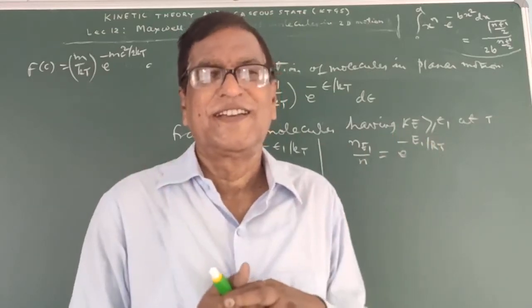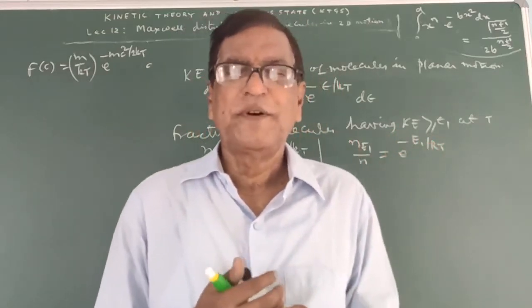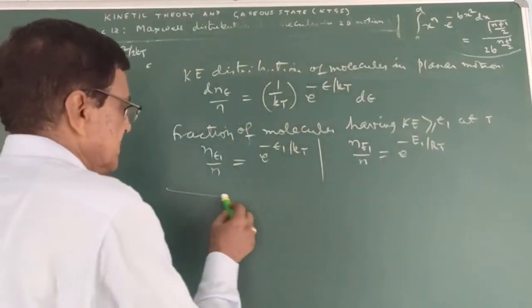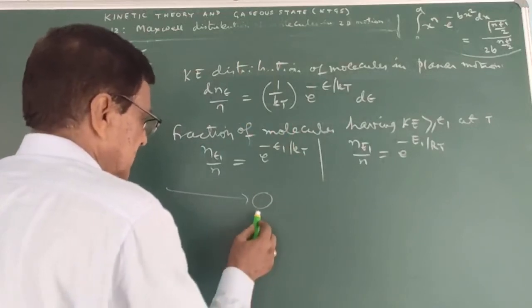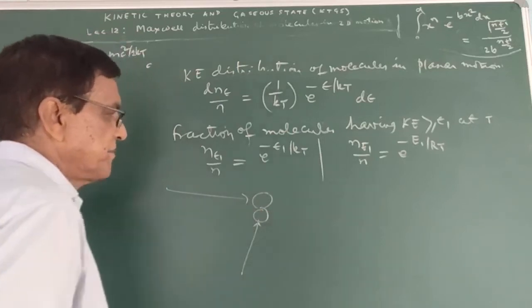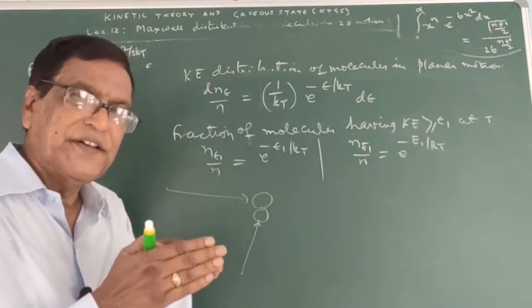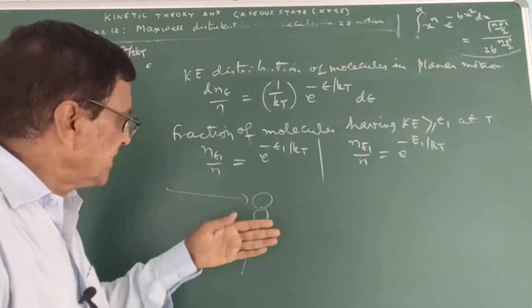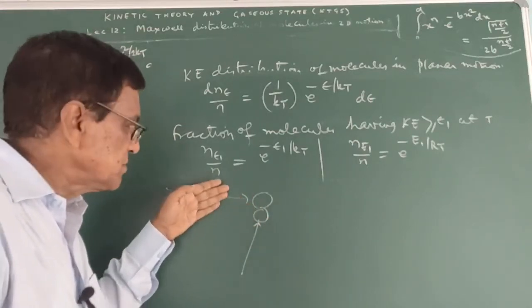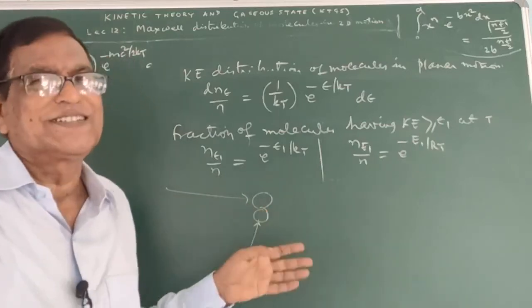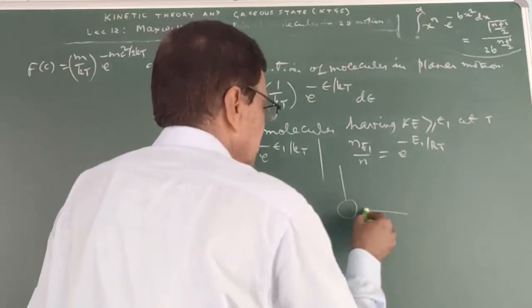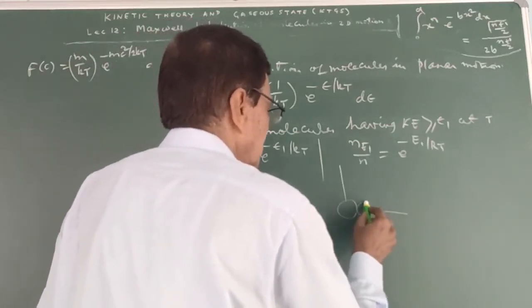And whenever we are considering two-body collisions, this is a molecule coming here, and this is another molecule moving in this way. So these molecules are colliding, and this can be taken as the plane. These molecules are in planar motions. Suppose one molecule is coming here and another molecule is coming here.